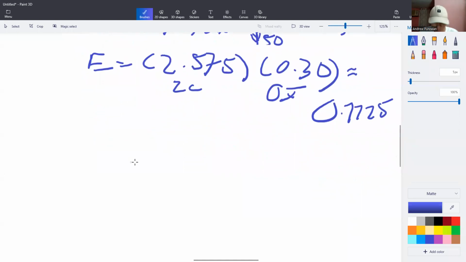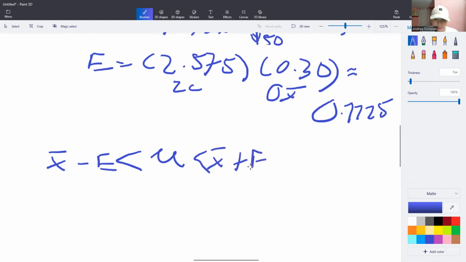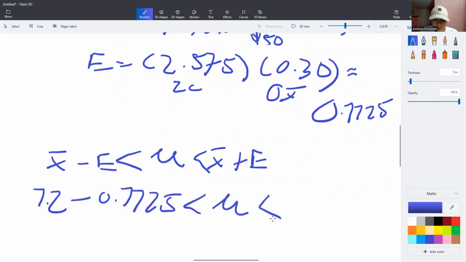Next, use the same formula, mu in between x bar minus E and x bar plus E. So substitute 7.2 minus 0.7725, mu in between 7.2 plus 0.7725.